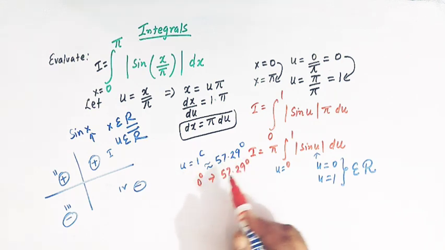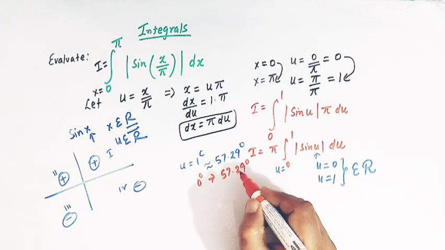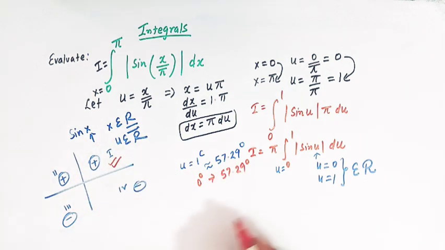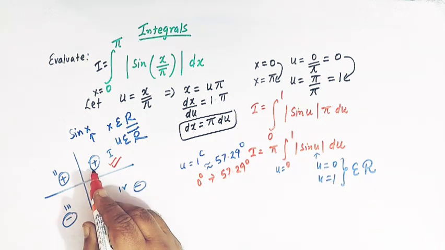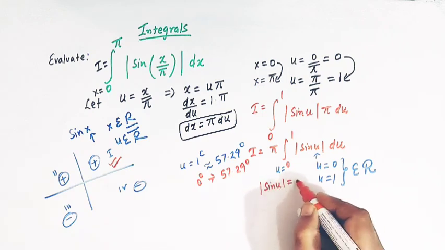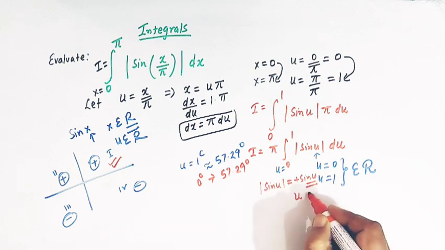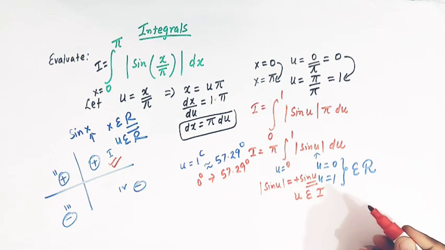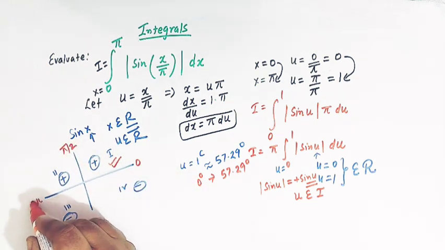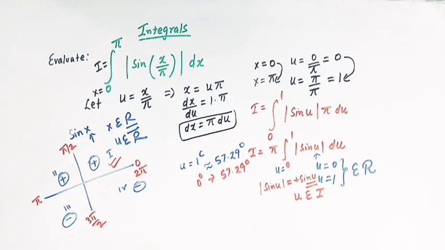When we move from 0 to 57.29 degrees, we are in the first quadrant, and in the first quadrant the sine function is positive. So we can write mod of sine u as simply positive sine u, where u belongs to the first quadrant, that is from 0 to pi by 2. This is pi, this is 3 pi by 2, and here we have 2 pi.